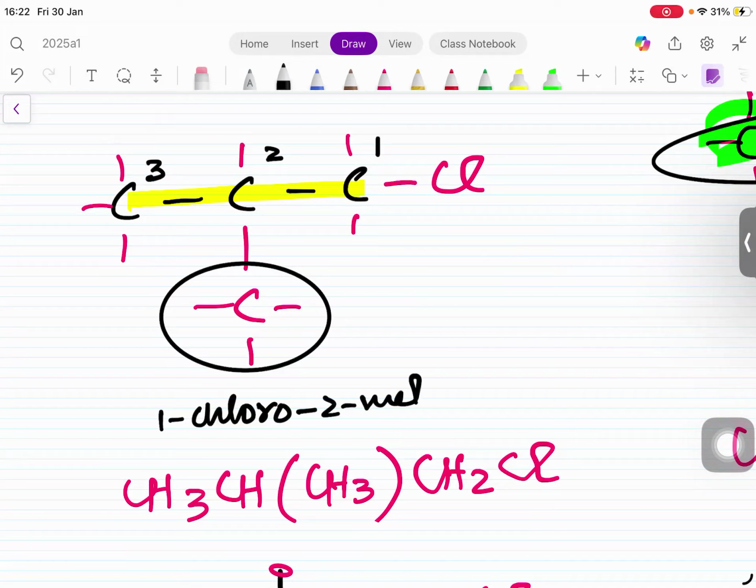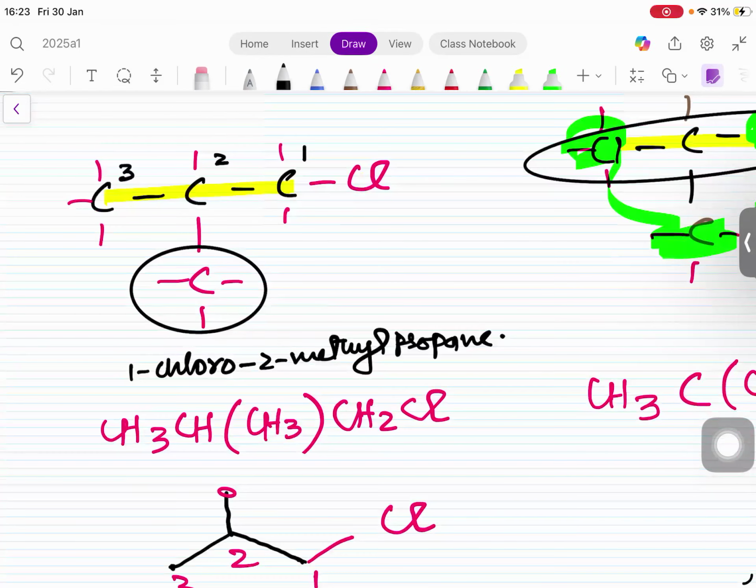Why did I put chloro first? Not because it's a functional group, but because alphabetically C comes before M. So we have to arrange all the branches and base names in alphabetical order. So this is 1 chloro 2 methyl propane.